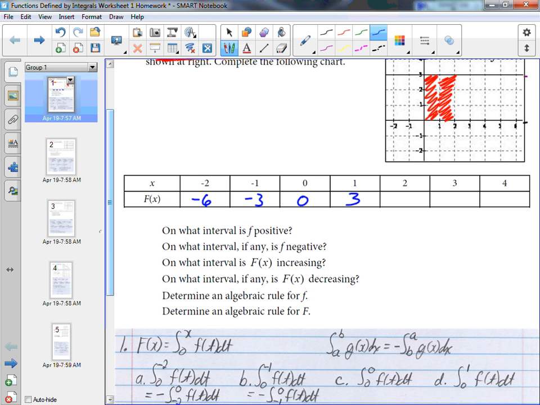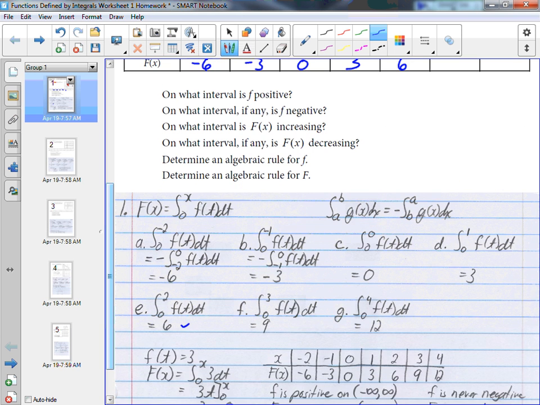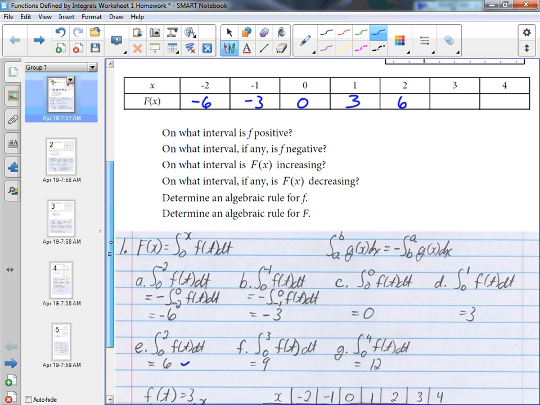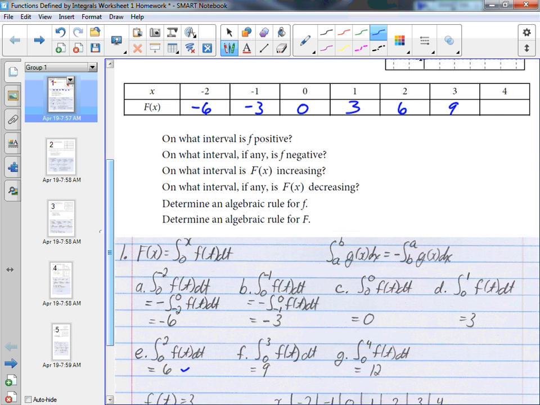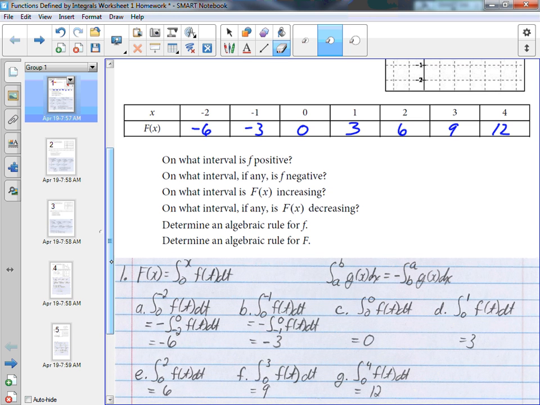So now that integral is 6, because that area is 6. Integral from 0 to 3, add 3 more to it, it's 9. From 0 to 4, add 3 more to it, now it's 12. So we can fill in the table, I think. Can we fill in the table?